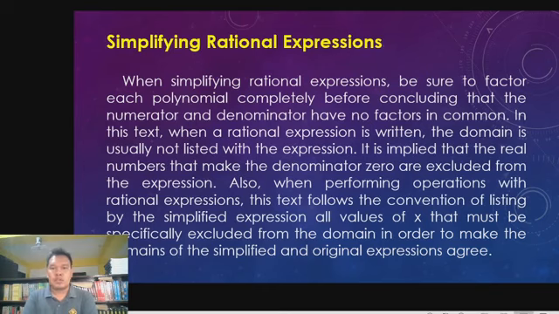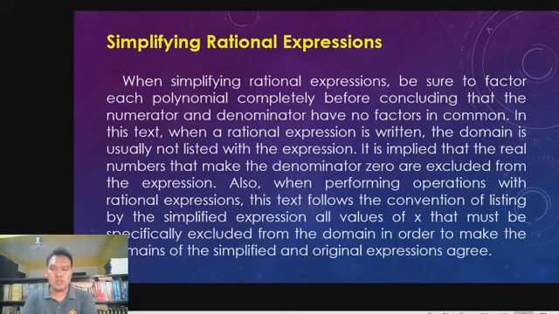It is implied that the real numbers that make the denominator 0 are excluded from the expression. We do not include the value of x, or the value of our domain, that would yield a zero denominator. Later, I will show you what these written things mean.